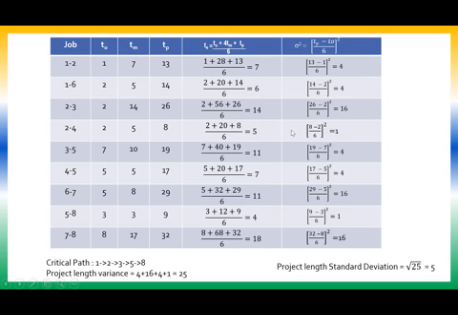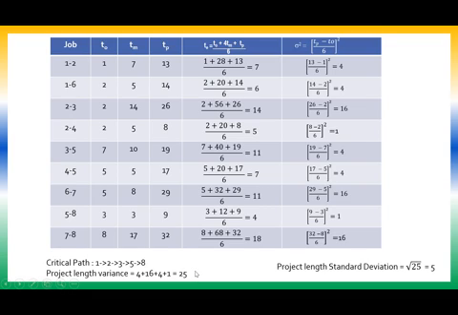Then 2 to 3, what is the variance? 16. 3 to 5, what is the variance? 4. 5 to 8, what is the variance? 1. So I am supposed to add these variances. So it is 4 plus 16 plus 4 plus 1, which is 25. So I get 25 as the project length variance.